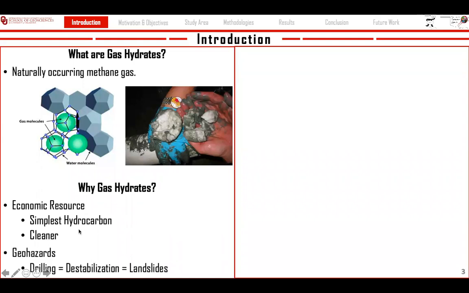Additionally, gas hydrates serve as potential geohazards because of natural or man-made events such as drilling that can result in destabilization as pressure changes occur with the gas hydrates and surrounding sediments, which will result in potential land failure such as landslides. This, of course, can affect industrial operations.